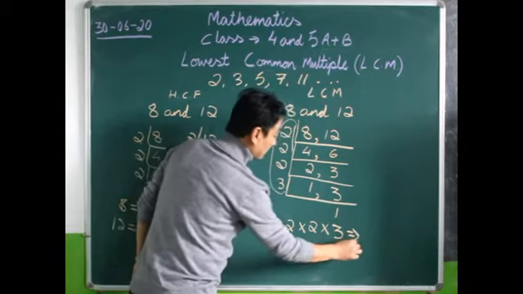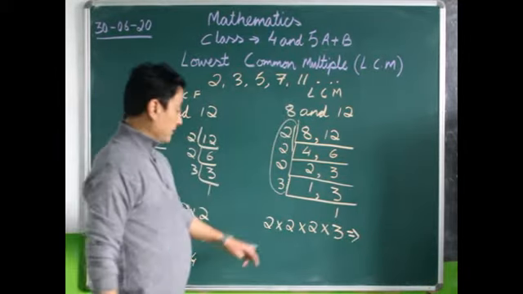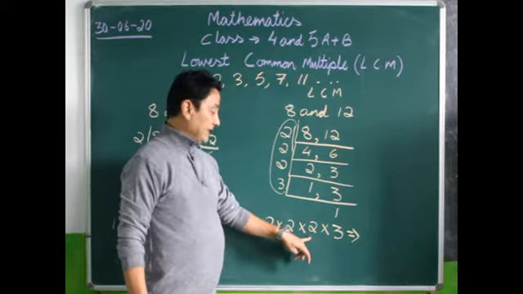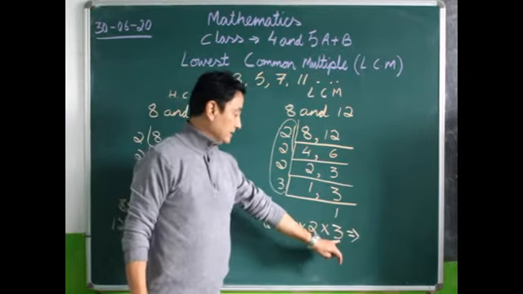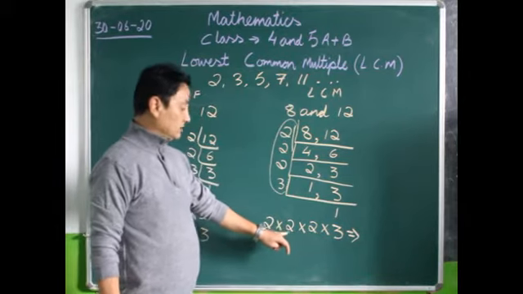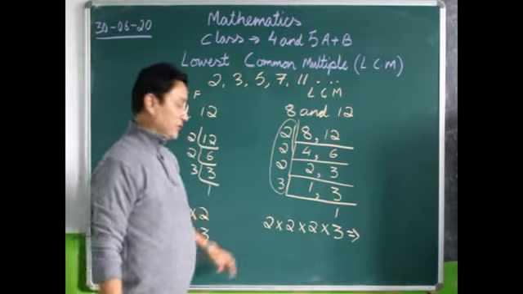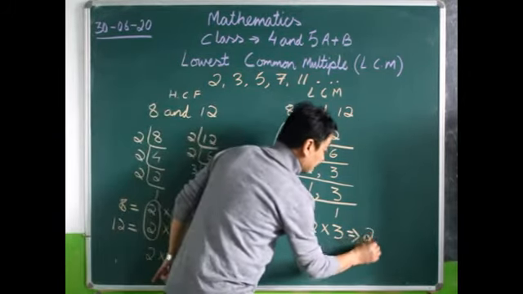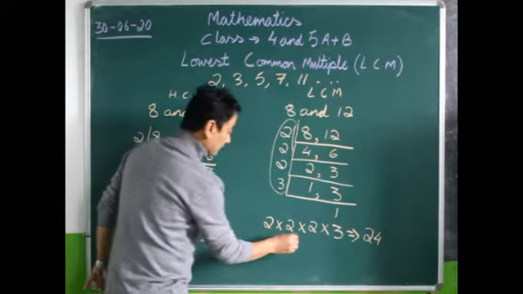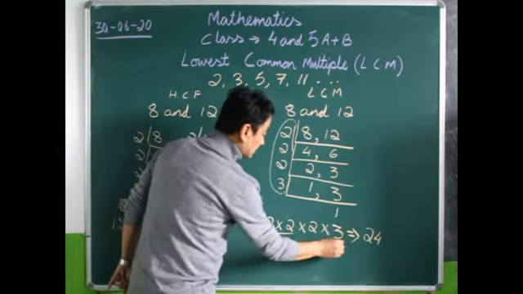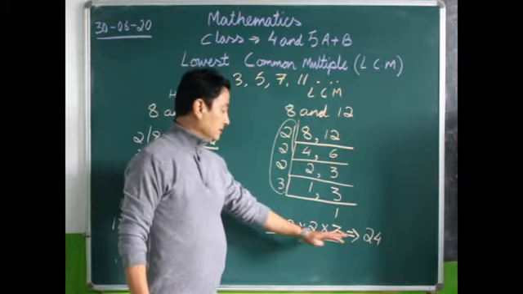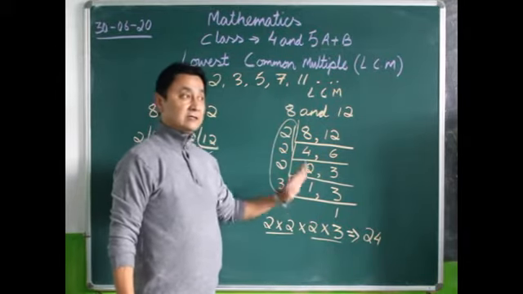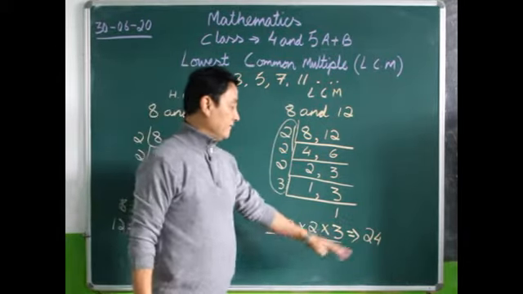Now we have to multiply all these numbers. 2 2s are 4, 4 2s are 8, 8 3s are 24. Again, 3 2s are 6, 6 2s are 12, 12 2s are 24. Or we can cut them down. For example, 2 and 2, 3 and 2. 2 2s are 4, 3 2s are 6, 6 4s are 24.